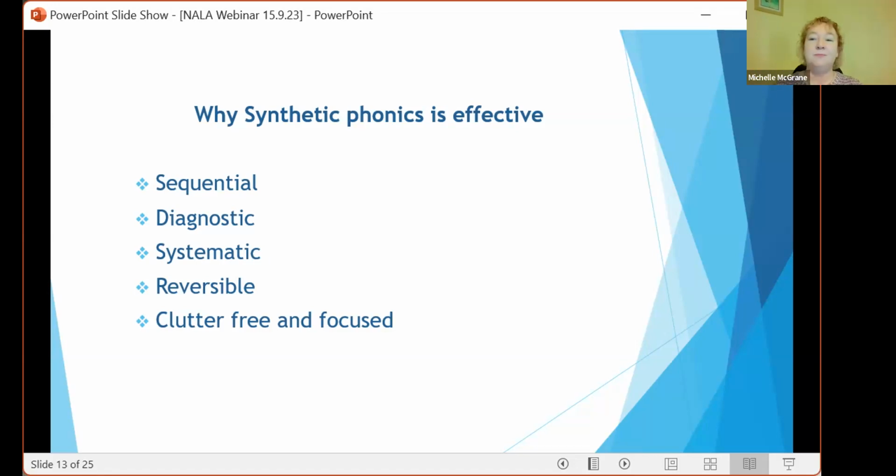An example of this would be that the vast majority of learners can blend almost intuitively. Blending is when you take two sounds and push them together. We do it all the time. So, a, m, two discrete sounds. How do we blend them? Am. In a classroom situation, if you say a, m, the odds are quite a lot of students will almost automatically be able to say am.